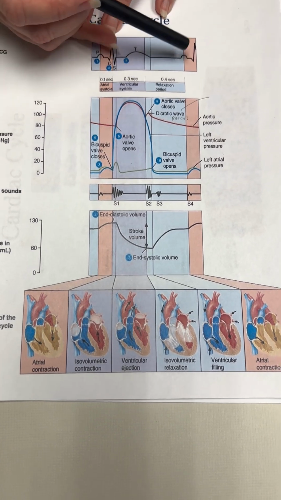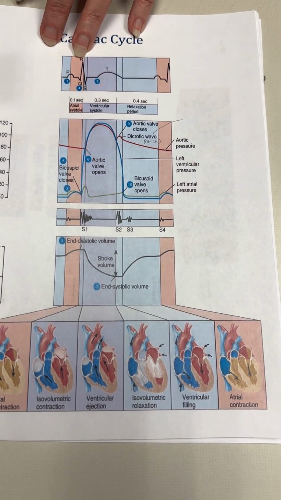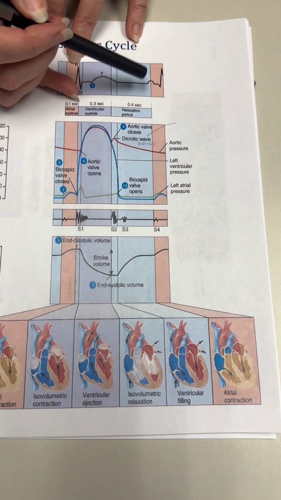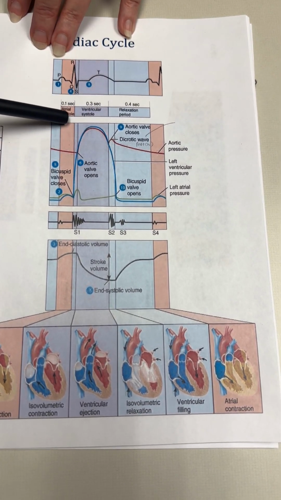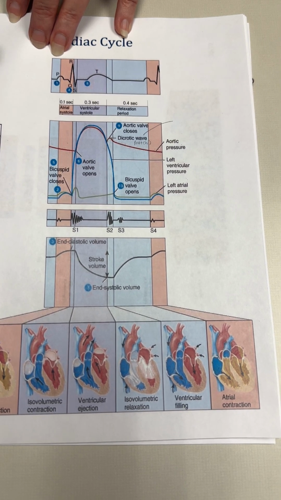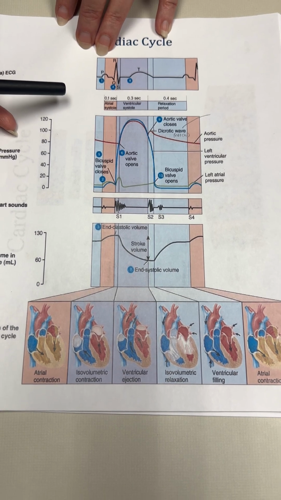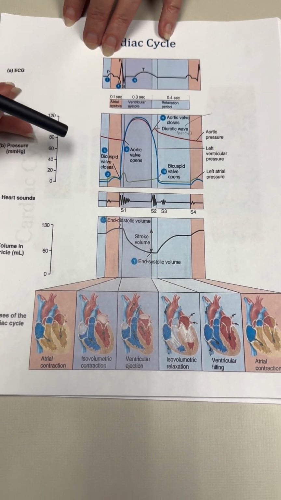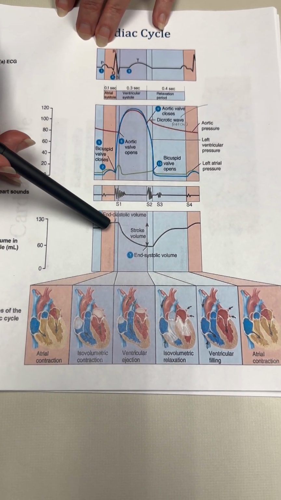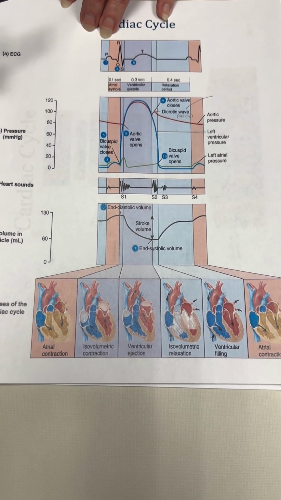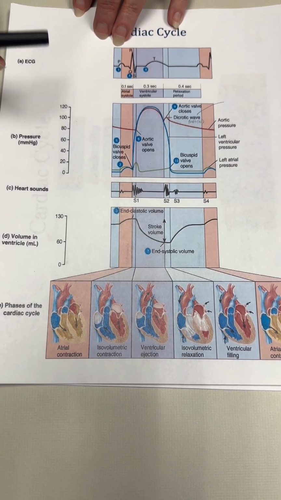Okay, at the tail end of this blue section, we've got the beginning of the electrical event of the P wave. Okay, that will be followed by the mechanical event of atrial systole. Okay, and that will correspond with atrial contraction, which will be that atrial kick, squeezing that last little bit of volume here on the volume graph, that 15 to 20% of volume from the atria into the ventricles.